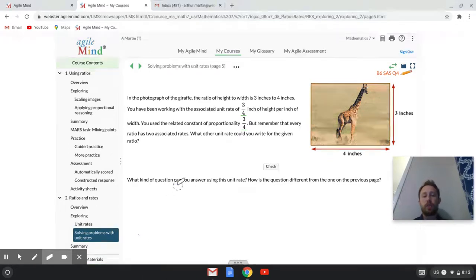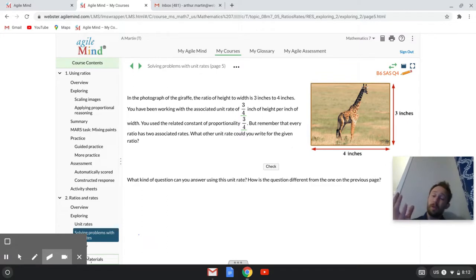So it says, what kind of question can you answer using this unit rate? And how is the question different from the one on the previous page? Well, we're comparing our width to 1 inch of height, whereas before we were comparing our 1 inch of width to our 3/4 of an inch in height. And so that is how the question is different from the one on the previous page.